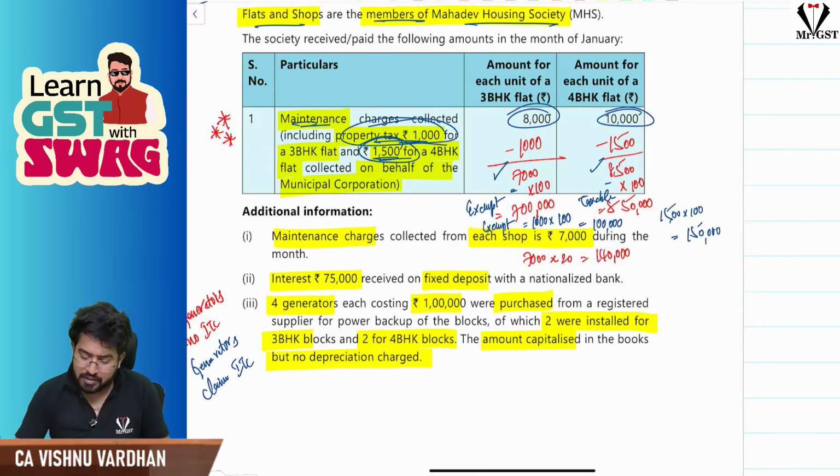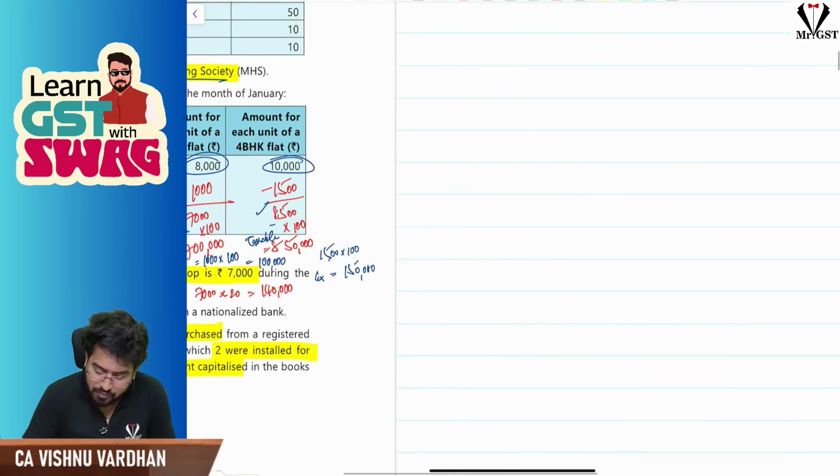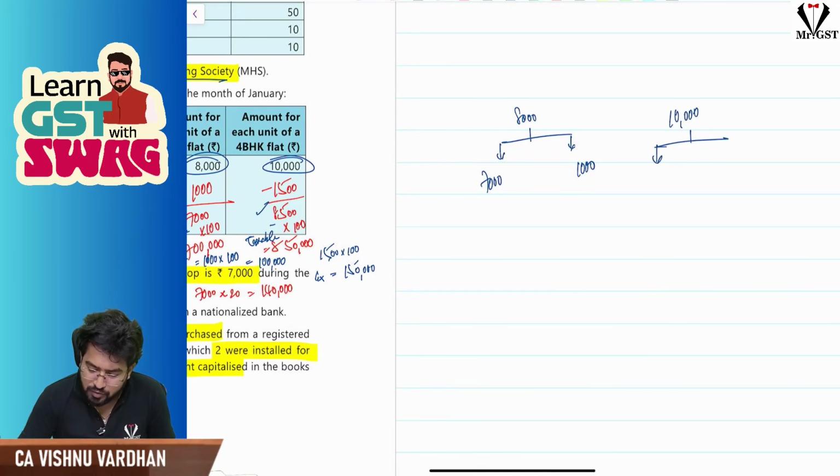Why am I calculating this exempt turnover? Because the first question itself is what is the value of exempt supplies. So I repeat, out of this 8,000, if you remove 1,000, 7,000 is exempt, and this 1,000 is also exempt. Out of the 10,000, if you remove 1,500, 8,500 is taxable, and 1,500 is exempt.